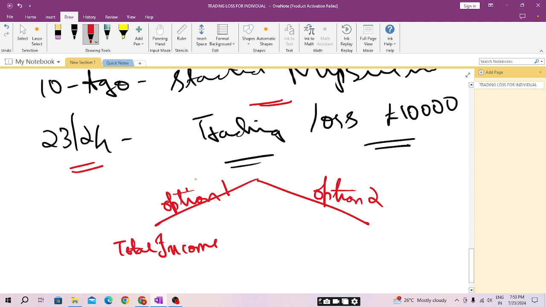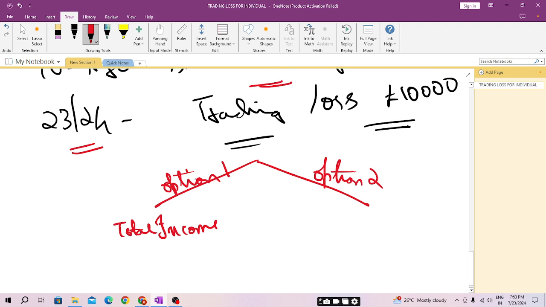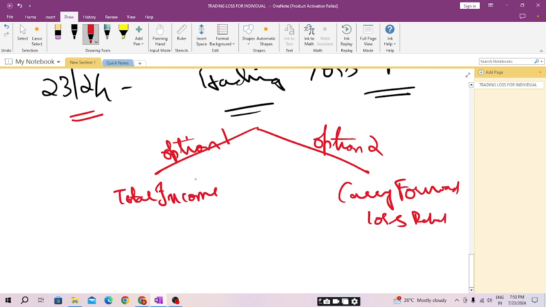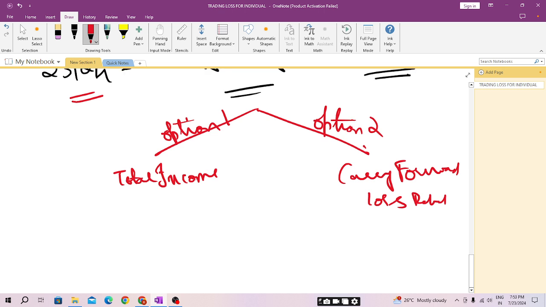If I do not claim option number 1, automatically option number 2 will apply, that is carry forward loss relief. If an individual does not opt for option number 1, automatically option number 2 will be applied. But if an individual opts for option number 1, it means he sets off against the total income.